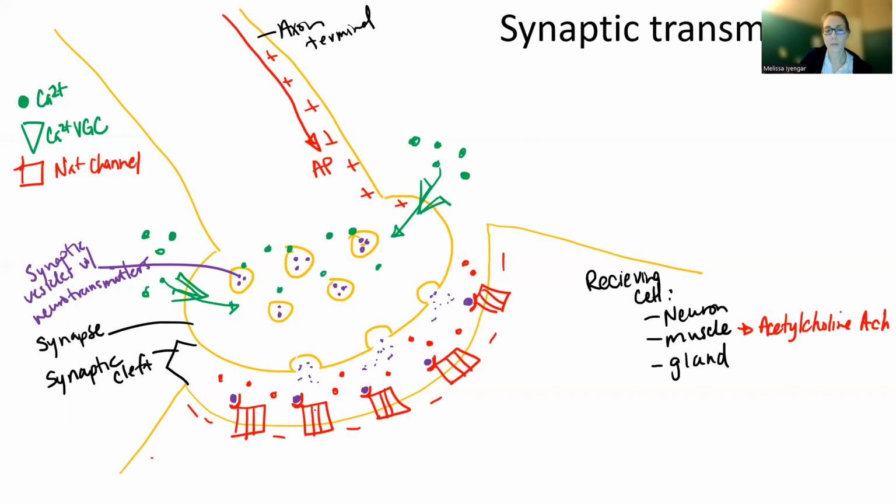So as our neurotransmitter binds and we open these channels, then sodium is going to rush into our cell here, and it's going to cause our negatively charged cell inside to become positively charged on the inside. And this is going to result in creating an action potential that goes along our cell.